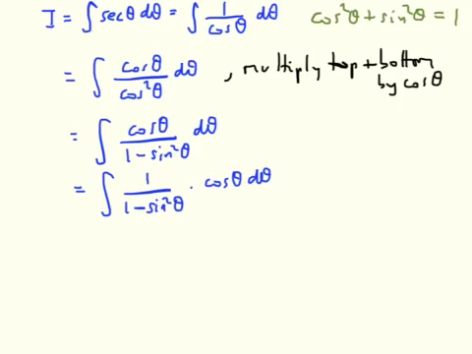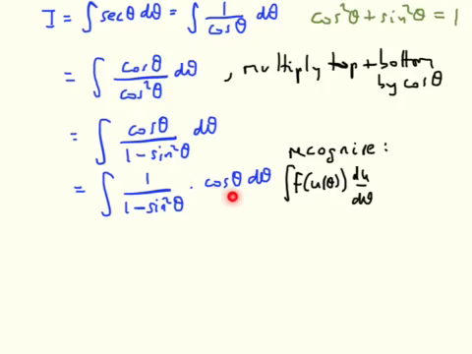So what we do here is we recognize that we have an integral of the following form. So we have an integral of some function of a function of our variable theta, and the function u here is the sine. So we have a function of the sine of theta multiplied by du d theta, and du d theta in our case is the derivative of the sine of theta, which is the cosine of theta, and we recognize exactly this factor is here.